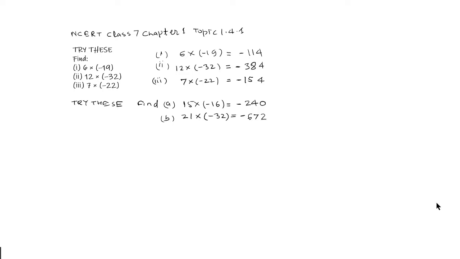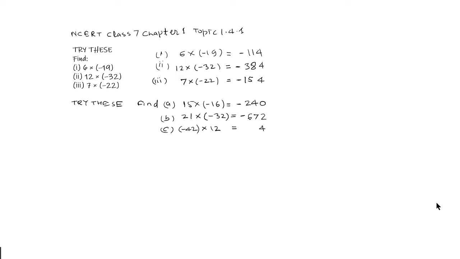Part C, minus 42 multiplied by 12. So 12 times 2 is 24.